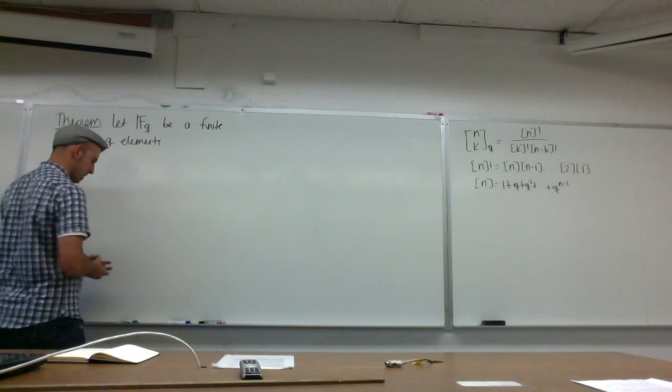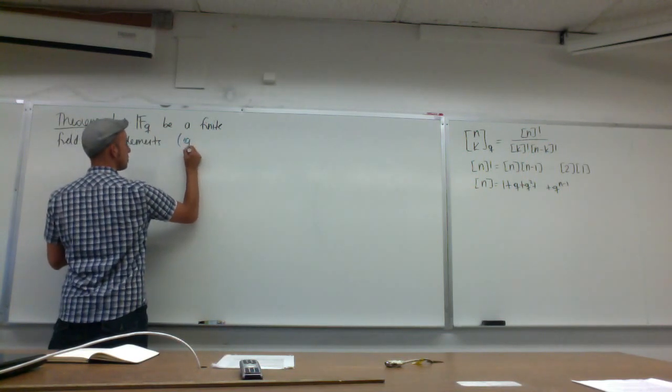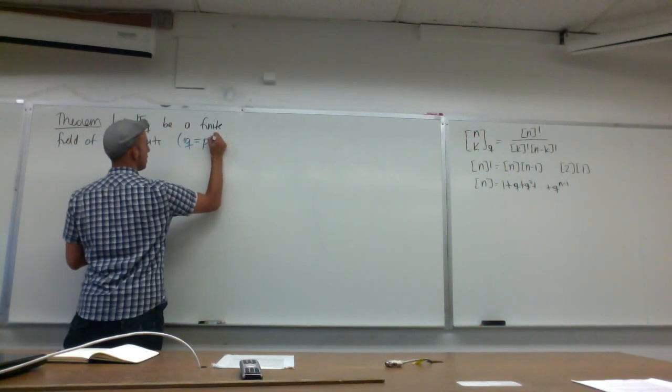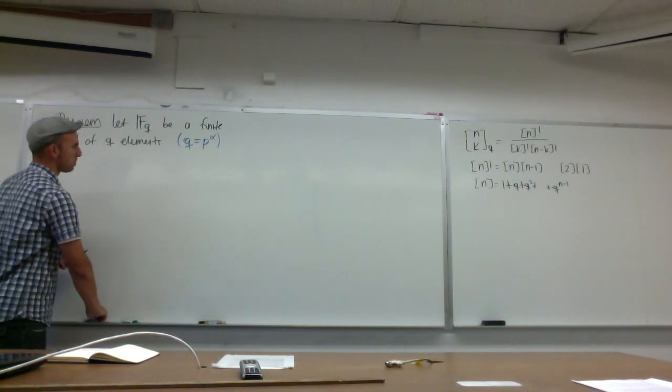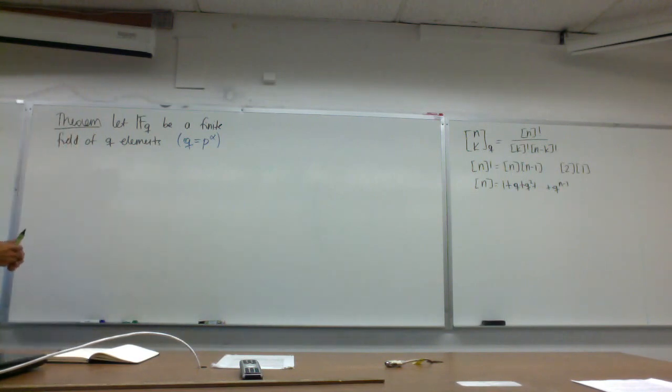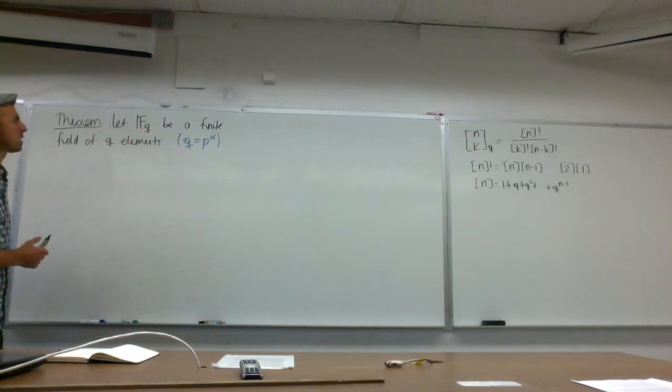From your abstract algebra class, if you've taken it, you know that q is p to the alpha, some prime to some power. If you don't remember the details, for this theorem you could just think that q is a prime, and then this is just Z mod that prime. Okay.